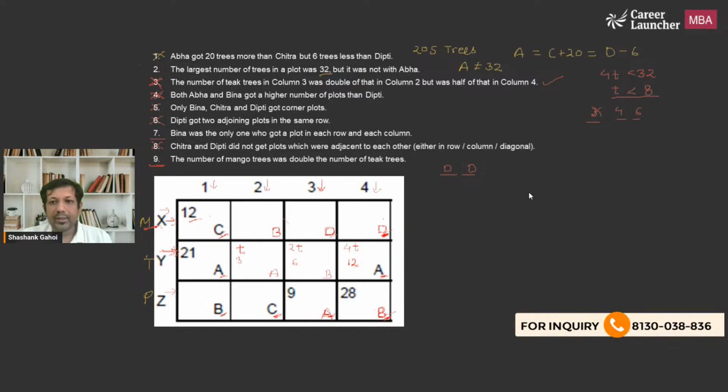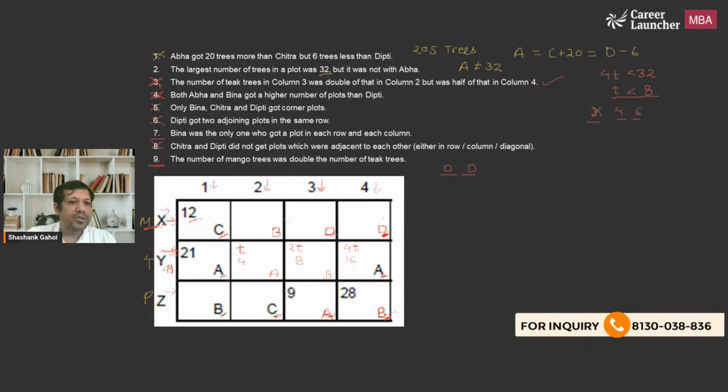Okay. Now let's take a different value. Let's take 4. And see whether it satisfies or not. So I'm taking 4 now. So this is 4. This is 8. This is 16. So 21 plus 28, this comes out to be 49.